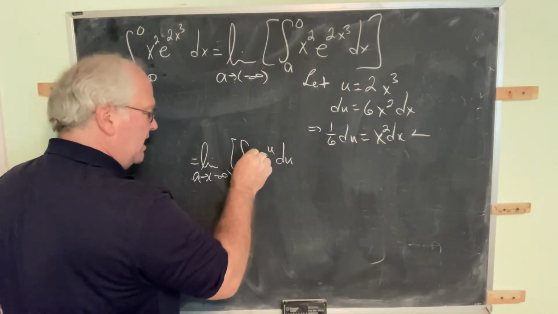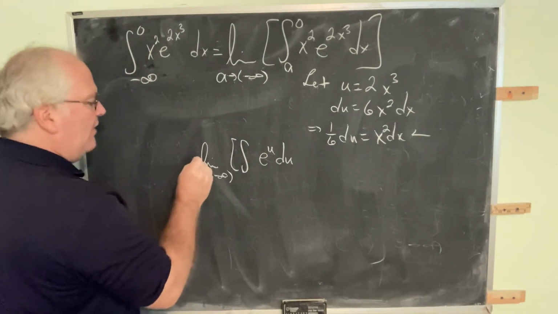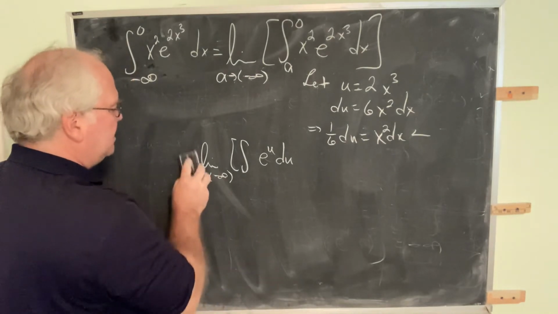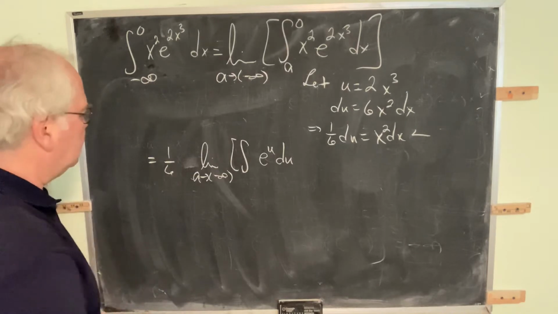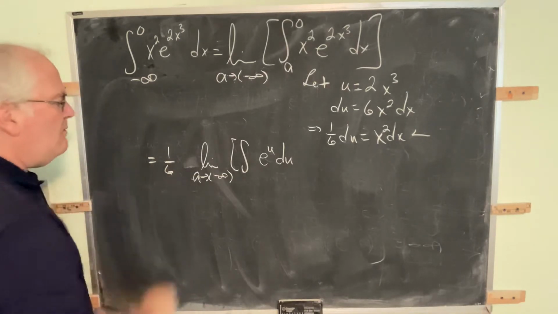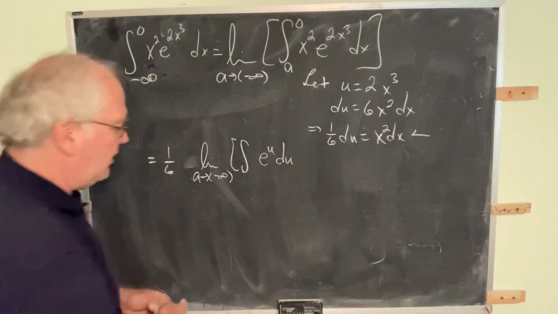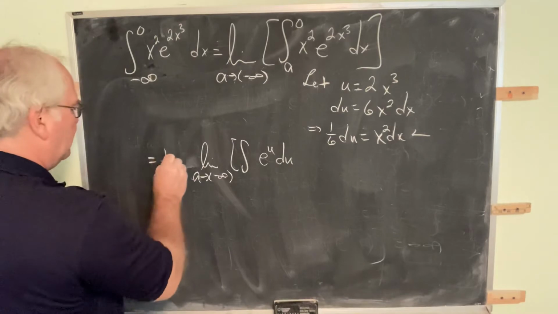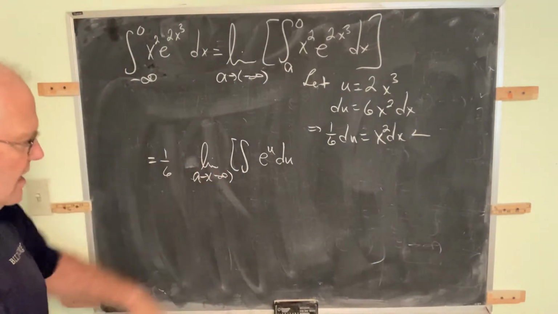The 1/6 could be in here, or in here, or out in front of the entire limit. Constant multipliers multiply along with both integrals and limits, so I'm going to take this constant multiplier and throw it clear out in front of the entire expression. And I need to know that when I get my final result, it's multiplied by 1/6.